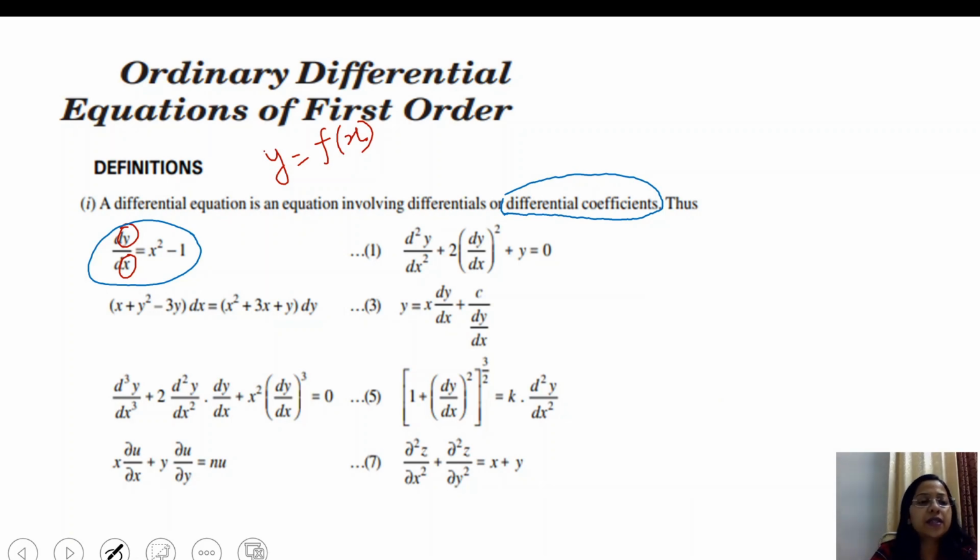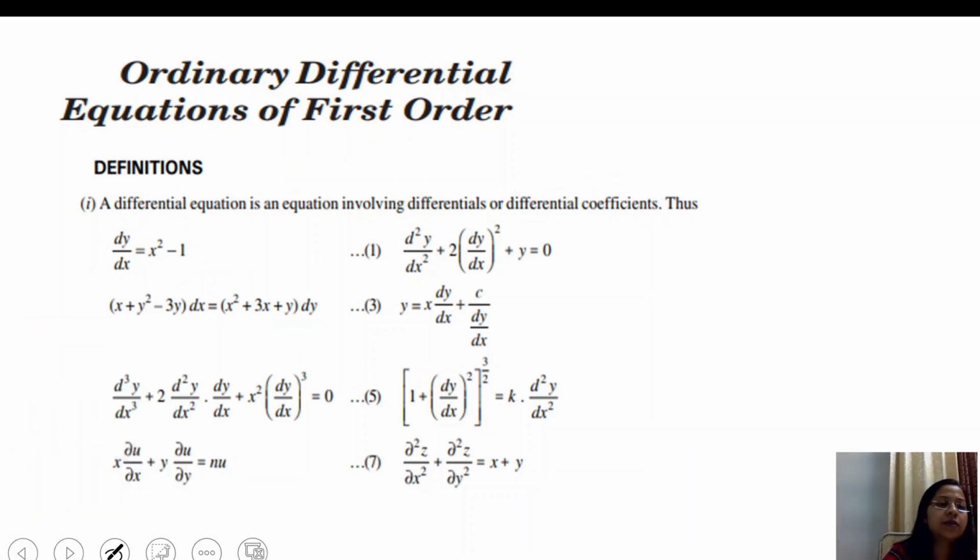As mentioned in the first equation, dy by dx is equal to x squared minus 1. It's a simple linear differential equation of order 1.